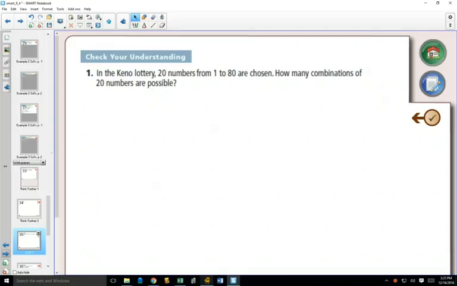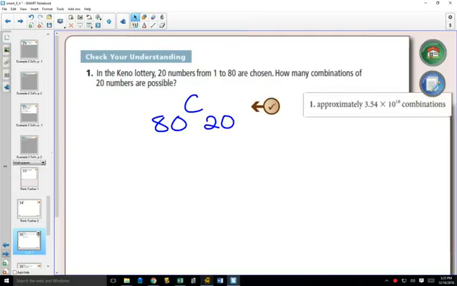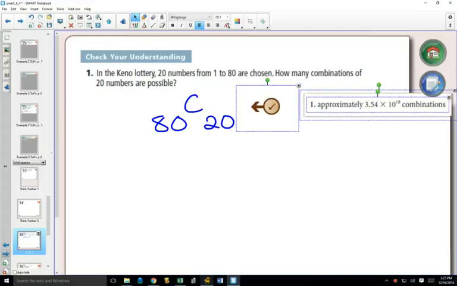The order doesn't matter. How many different combinations are there? Again, we'll use the formula. Find the choose button on your calculator. If you do 80 choose 20, you get a very large number. It's 3.54 times 10 to the 18. It's huge.